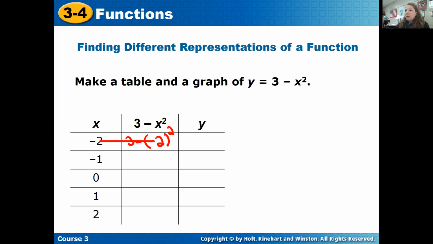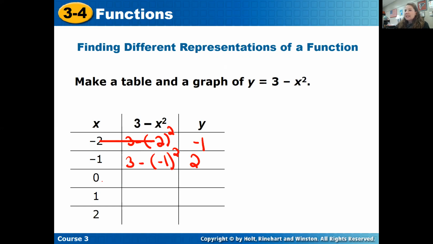Negative 2 squared is 4, negative 2 times negative 2 is 4, and 3 minus 4 is negative 1. All right, what if x were negative 1? It'd be 3 minus negative 1 squared. Well, negative 1 squared is 1, and 3 minus 1 is 2.